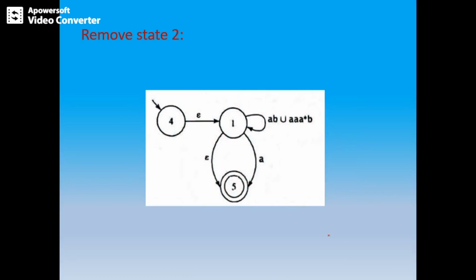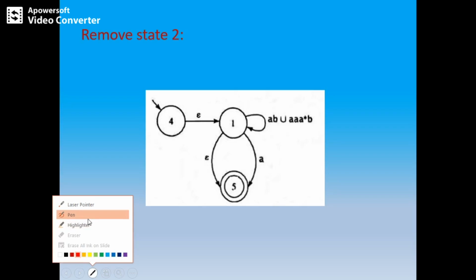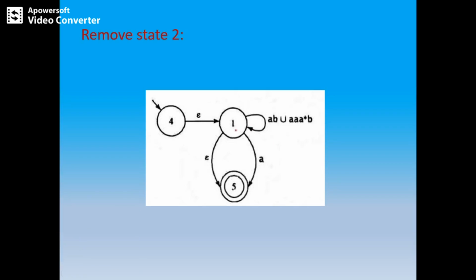Next you have to remove 1. How to remove 1 now? After removing 1, the connection will be from 4 to 5. That will be the final regular expression you are going to get.